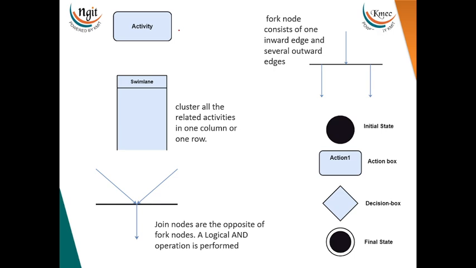This is represented with an activity box like this, correct? And if we have 2, 3 or 4 activities, we put them into a cluster of these activities. Join node, it's something like that. Two pieces of information are coming and it's an AND condition. Both should be 1, then only the operation goes up. Then the fork condition consists of an edge, one piece of information coming and it is divided into 2 parts.